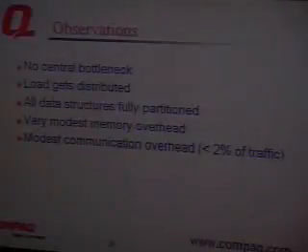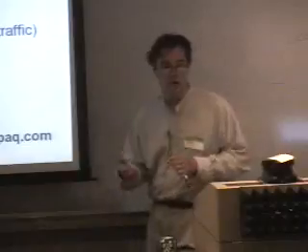Okay, so a couple of observations. There is no central bottleneck in the system, right? There is not a single node where all URLs flow through. That's a marked difference to the way Google is architected, say. The load gets evenly distributed over the crawling nodes. All the data structures are fully partitioned. Each URL set has only the fingerprints of the URLs of its chunk of the web.